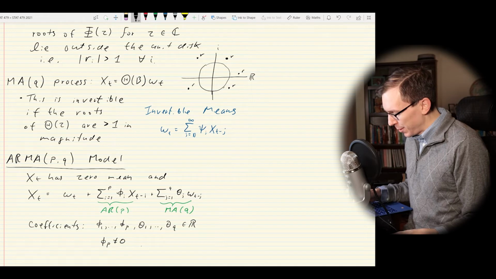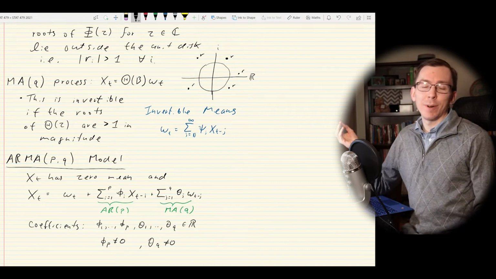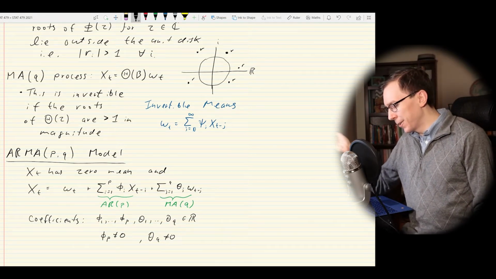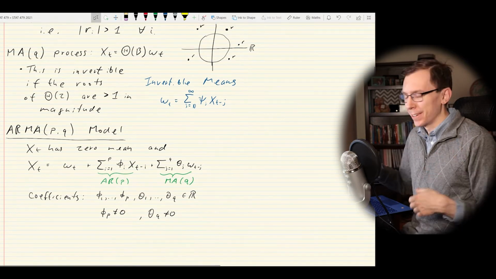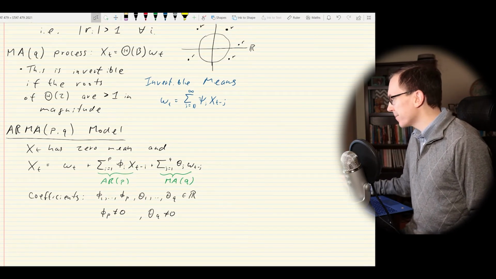And specifically, we want to make sure that phi p is not 0 and theta q is also not 0, because otherwise it wouldn't be an ARMA(p,q), it would be an ARMA process of some other order, p prime, q prime.